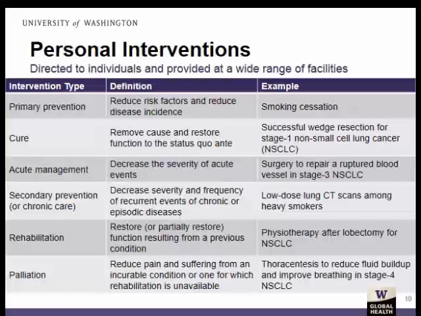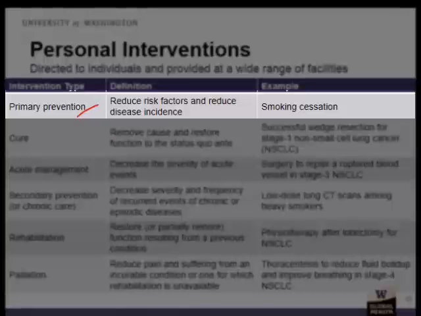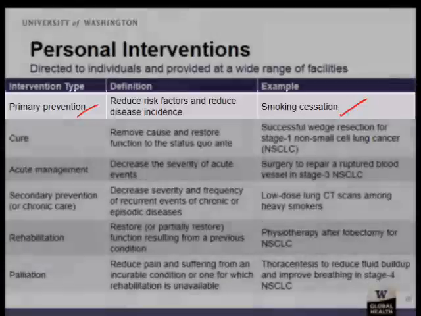So let's look briefly at the different kinds of personal interventions. The first one is primary prevention, which means reducing risk factors of disease and therefore reducing incidence of disease. So if you stop smoking, you reduce the incidence of lung cancer. Essentially, it's the risk of an individual getting this disease.